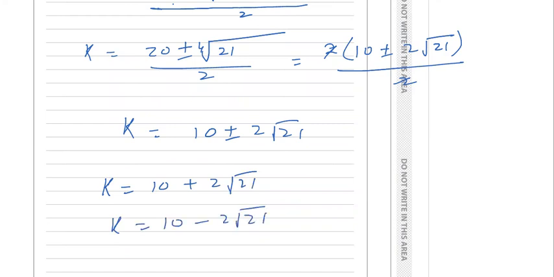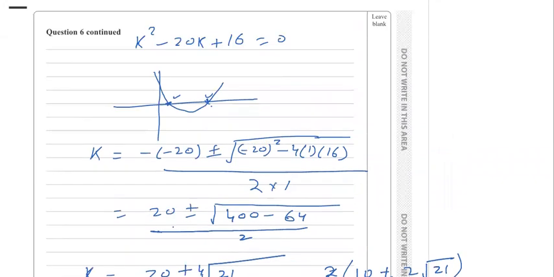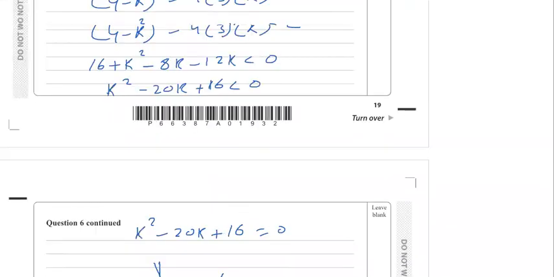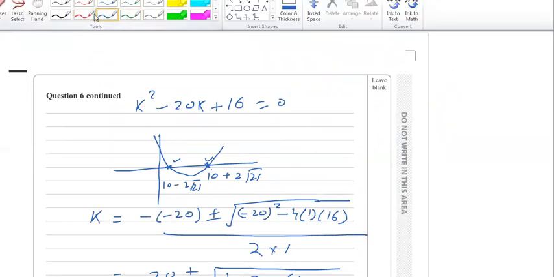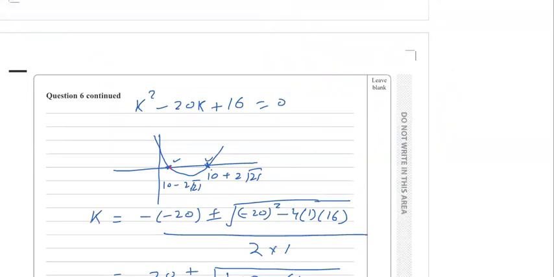So on the curve, this value will be 10 plus 2 square root of 21, and this value will be 10 minus 2 square root of 21.